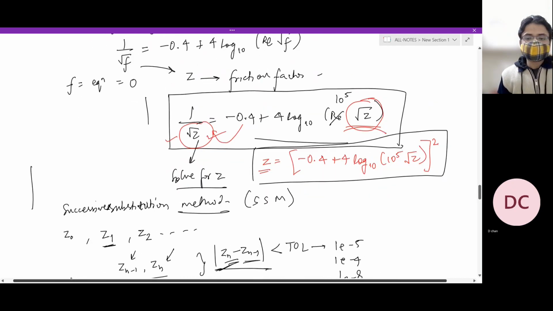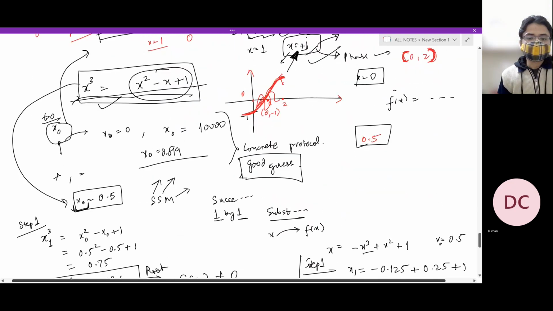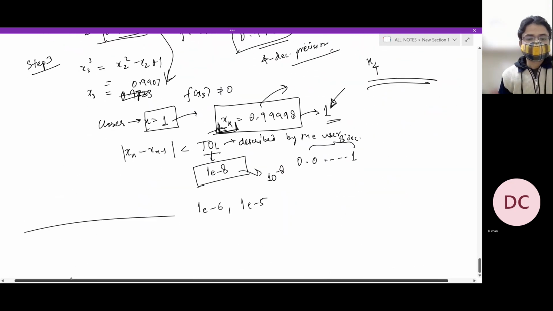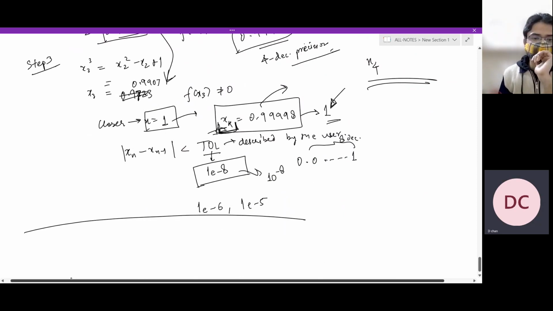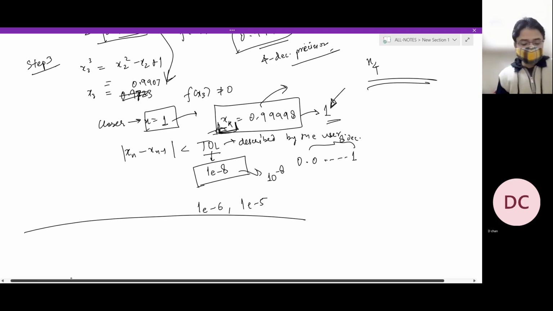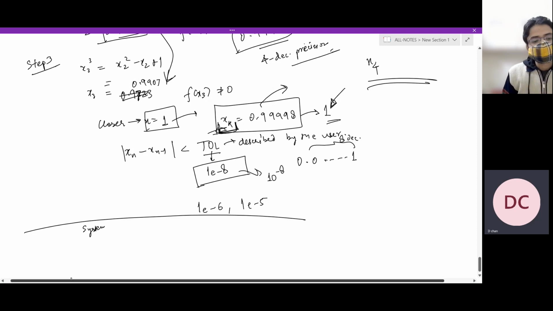Okay, so let's rewrite this equation for a moment. Sir, if we have two equations, then how can we assume the function? In the video, there are two equations. Yes, I can hear you, but what you are talking about is a system of nonlinear equations.